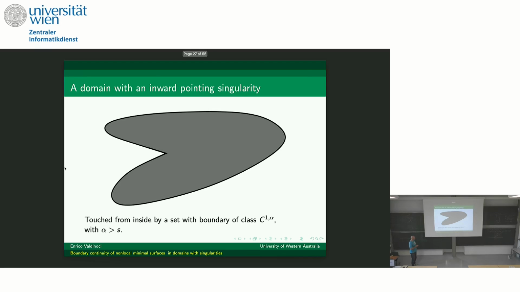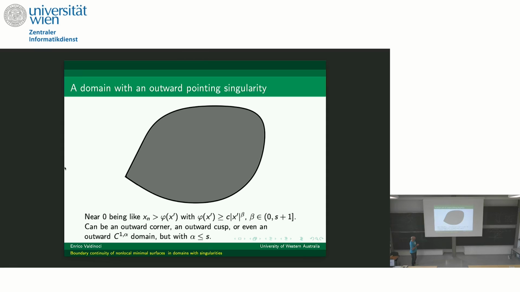So for instance, an outward pointing singularity is something of this shape. Locally, it is a graph of the function phi, but phi is not quadratic, it's like the norm of x prime to a power beta. Beta equal to 1 would correspond to a corner.